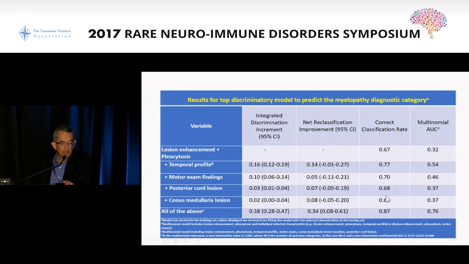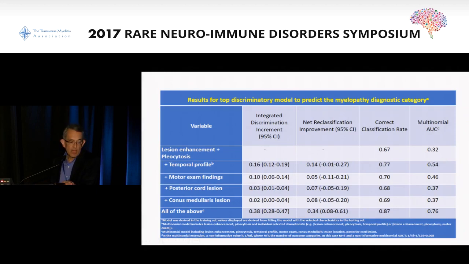If you add all of these together, you may increase the correct classification rate to 0.87, and the area under the curve is going to be very good, close to 0.76. That is much better when you compare it with what we are doing now in clinical practice.